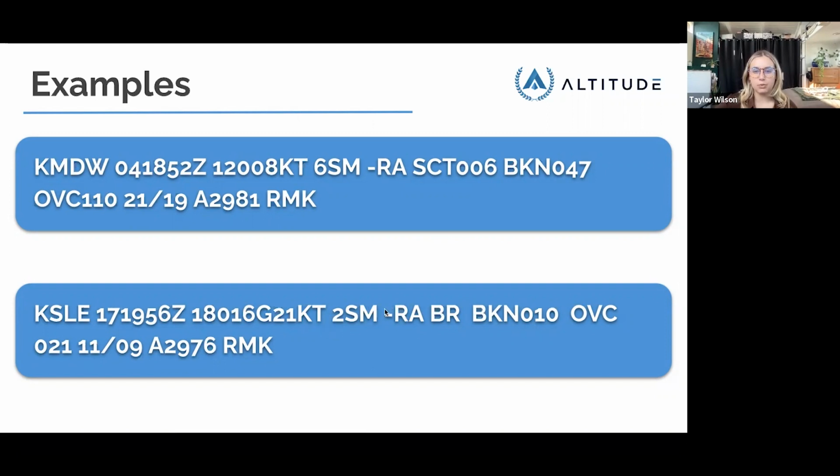We've got some light rain again. So the RA means rain, starting off with that minus sign, which means that it is light rain. We've got BR, which means mist. And then we've got a broken layer of clouds at 1,000 feet and overcast at 2,100 feet. So with these clouds, what would be our lowest ceiling?